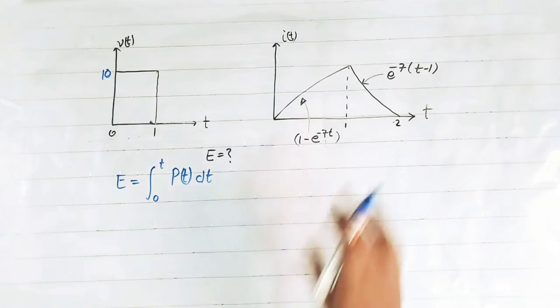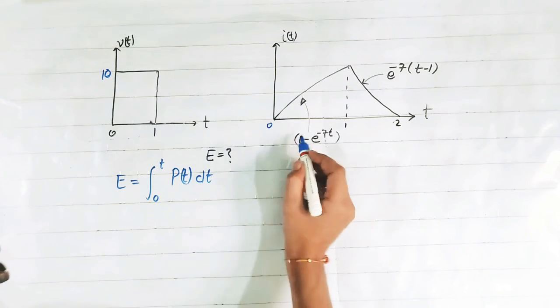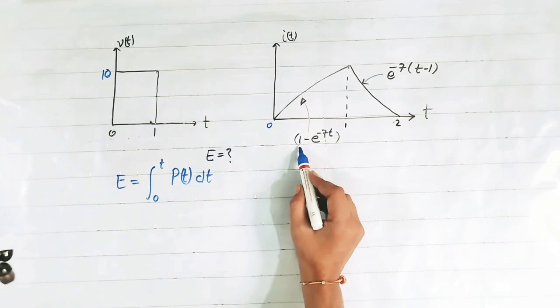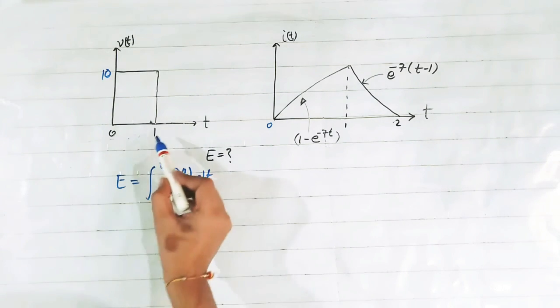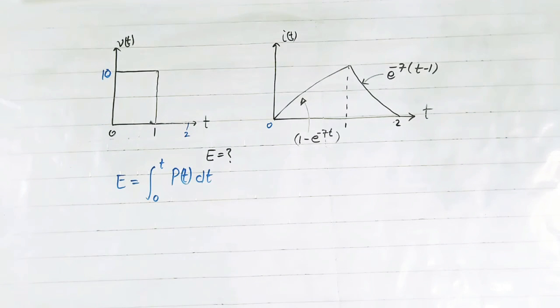From 0 to 1 the equation of current is 1 minus e to the power minus 7t, and from 1 to 2 the equation of current is e to the power minus 7t minus 1. But the voltage from 1 to 2 is equal to 0.